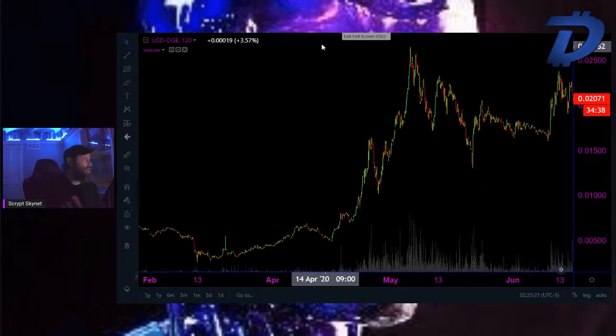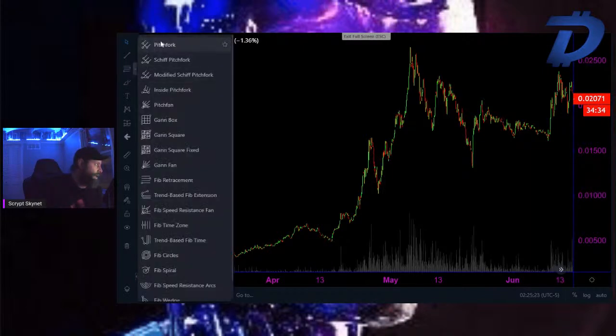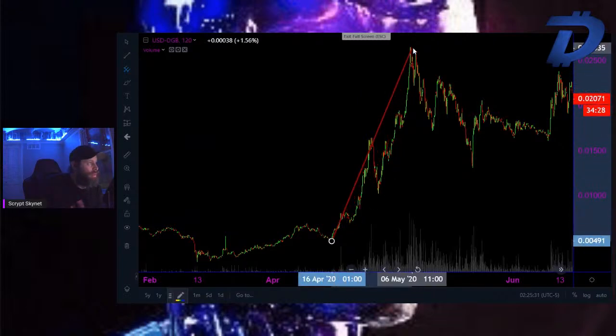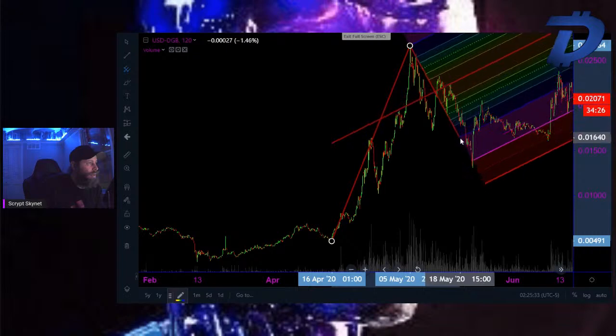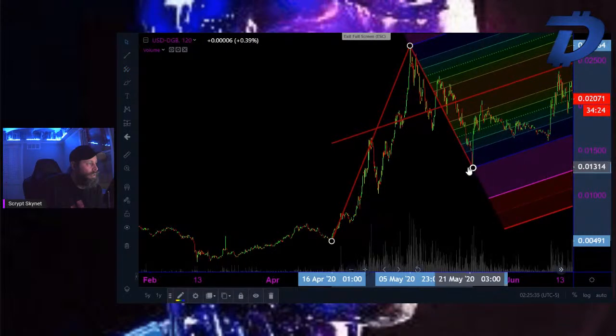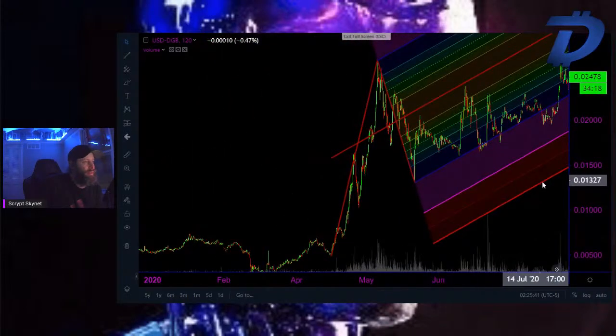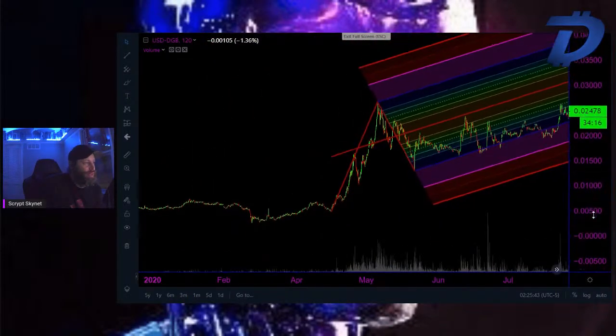All right, so I'm going to use a pitchfork here. Pitchfork down, let's say here, up here, and then down here. Okay. I don't know why it started broken like that. So let's make it smaller here so we can see what the heck is going on.